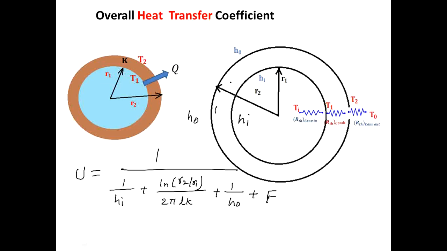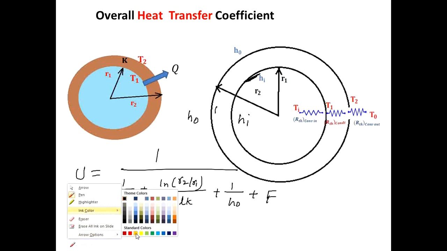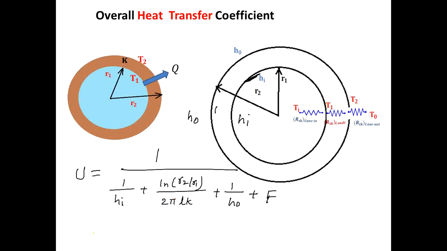What do you mean by the fouling? Undesired deposits inside the heat exchanger, that is what we call the fouling factor. Fouling is due to the undesired material here, and then here also undesired material you can observe. Therefore this can be shown as the fouling factor.